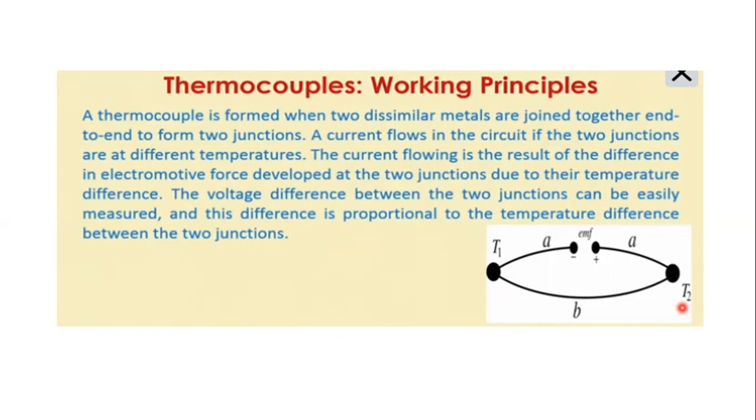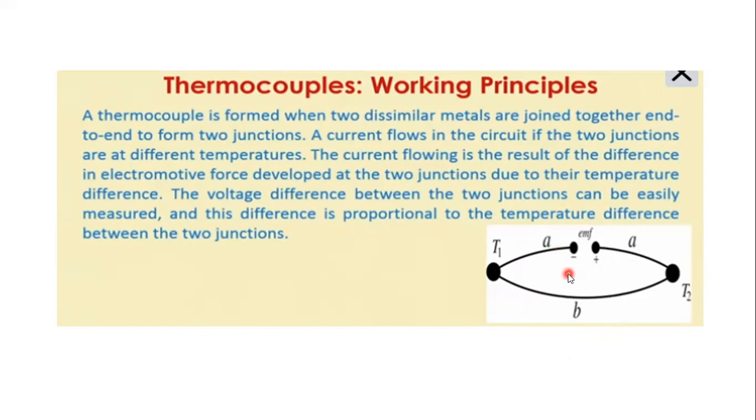It consists of two different metallic wires A and B, which are connected together at both ends. And if we give two different temperatures at the two junctions, it will provide an EMF on that loop. When we connect a voltmeter across it, we can measure an electromotive force, or if we connect an ammeter across this loop, what happens? It will read a current because it's a closed loop. So that electromotive force will cause a current to flow through this loop.